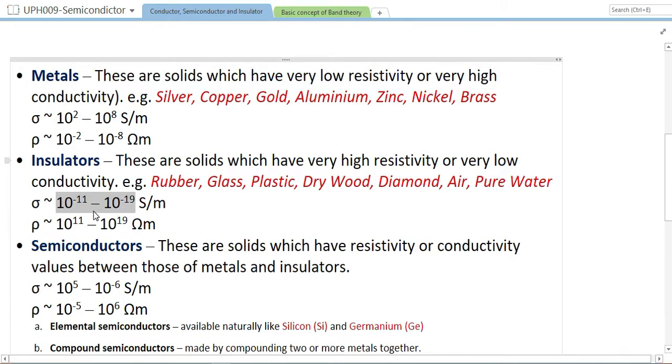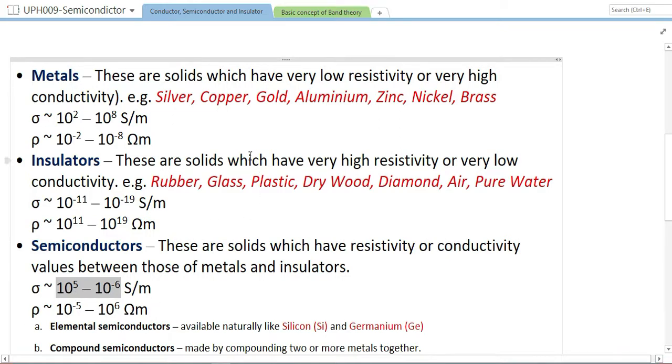So no conductivity at all. So 10 to the minus 11 to 10 to the power minus 19 Siemens per meter. Semiconductor is somewhere in between, and see, it's a very large range. So it's from conductivity 10 to the power 5 to conductivity 10 to the minus 6. So it's like 11 orders of magnitude difference, right?